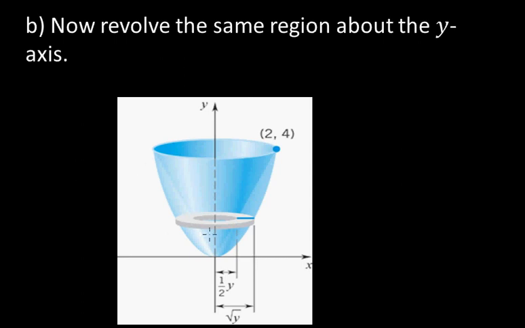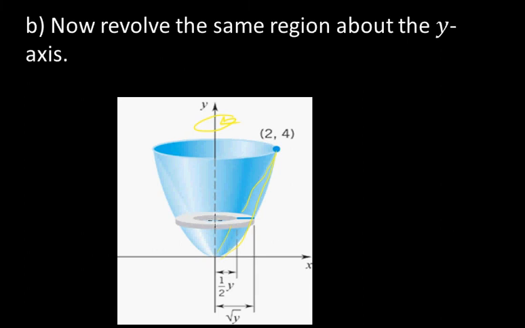Now let's take that same region. I hope you can see it here. This is y equals 2x, and the parabola y equals x squared, and we're going to rotate it around the y-axis now.